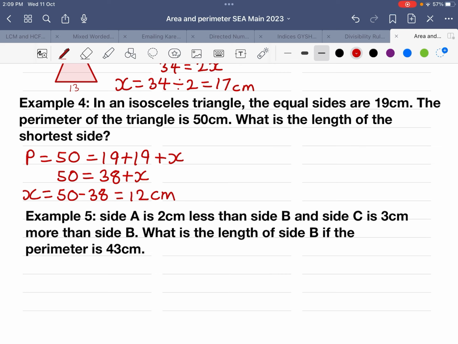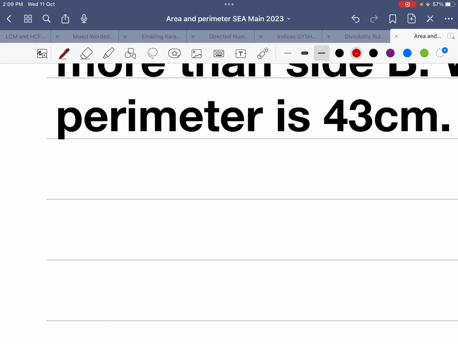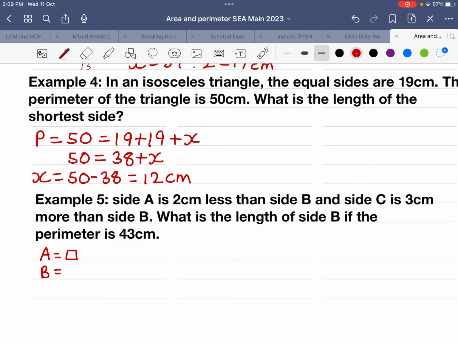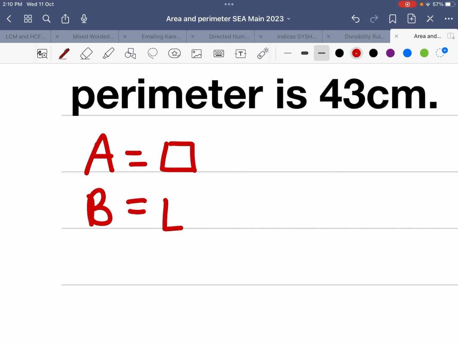We first need to decide which side is the shortest. We can see from the information that A is the shortest. So A will be used as the unknown or box. A is 2 centimeters less than side B, which means that B is 2 centimeters more than side A. So that is box plus 2.